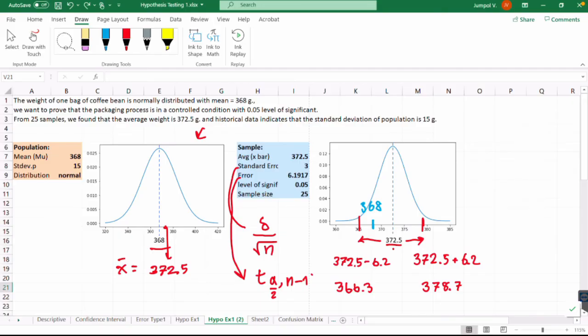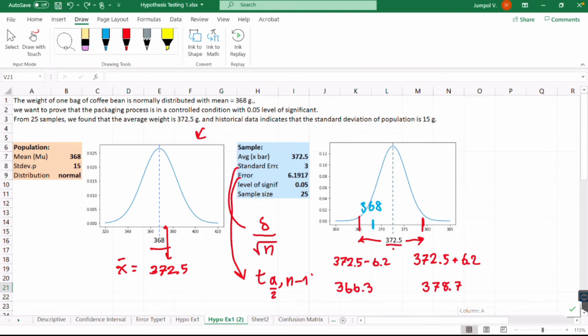So this is one way to do it, but in many textbooks, including the Robbie Pim books, they convert this normal distribution here into standardized normal distribution with the standard deviation of the sample.